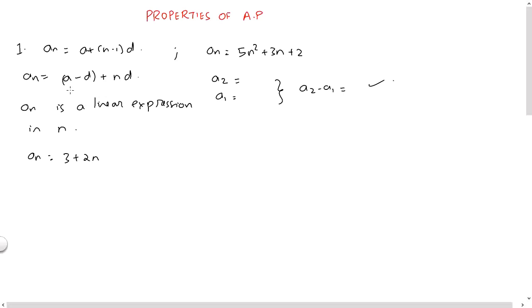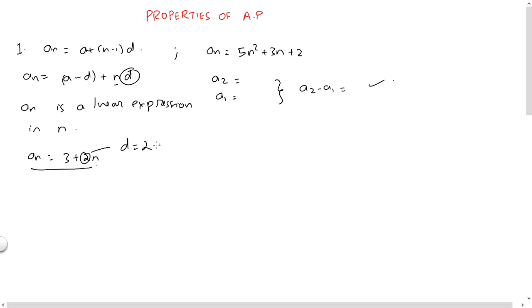Moreover, if you observe the linear expression, the coefficient of n is actually d, which is the common difference. So here also, to determine the common difference, it is simply the coefficient of n, which is 2.